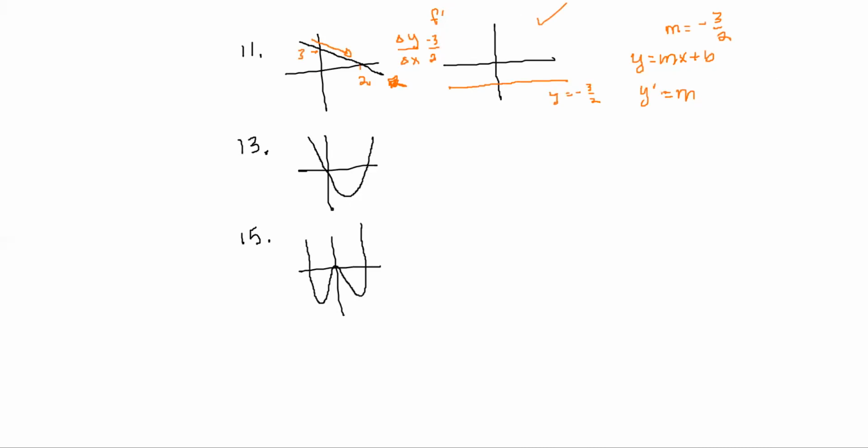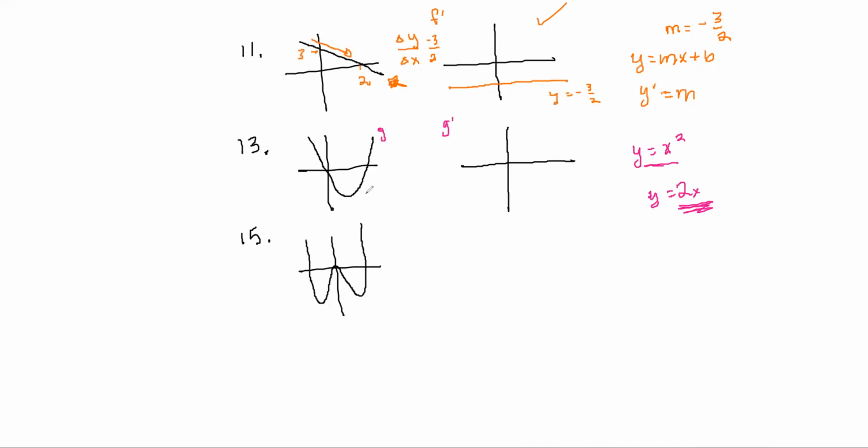Cool. Now I have this parabola. What do I know about taking the derivative of a parabola? Well, we're going to call this g. This looks something like this. And I know that if I take the derivative of this, I'm going to end up with y is equal to 2x. So I know I'm going to be looking for a line.